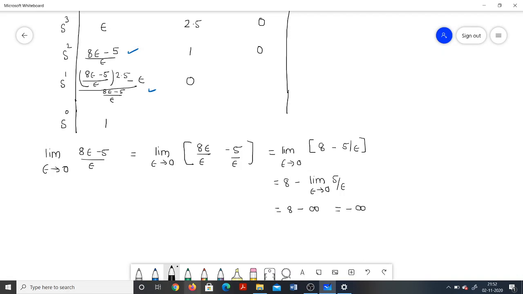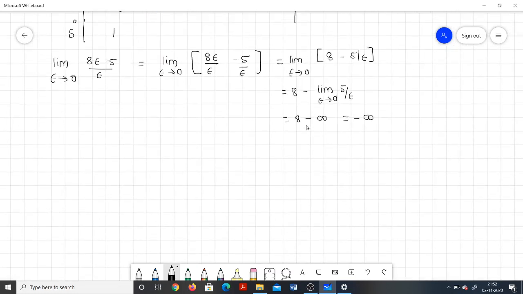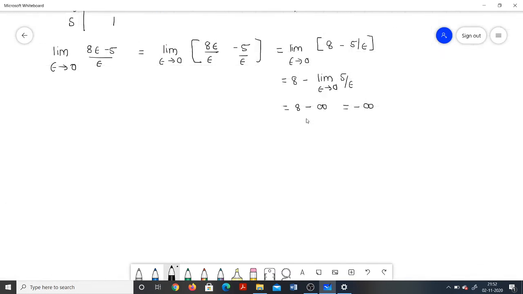Okay, so after this, we are going to apply limits to the other term. Okay, so first we got minus infinity. Let us see the second term what we are going to get now. Okay, so again we will apply the limit to the second term now. Okay, so it is a little bigger one. Okay, this one.